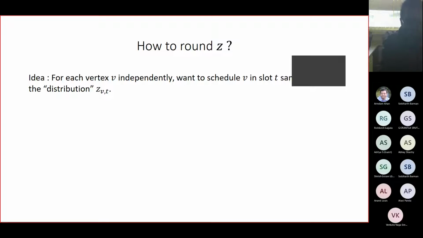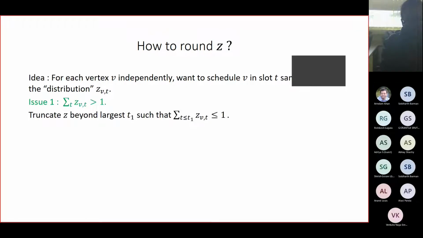Now it's not really a distribution because the sum is not 1 over slots, but we just truncate it wherever it becomes more than 1. Okay, so let's say this area is 1, and I will truncate Z after this. Then I will sample the slot from this distribution.